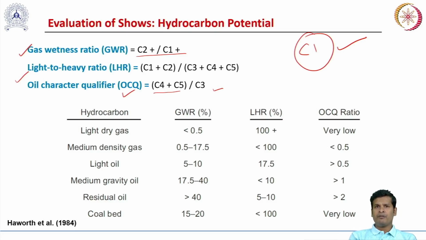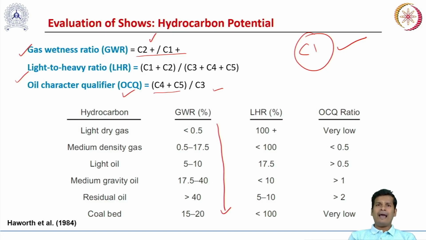For example, if you see the gas wetness ratio, as we go from gas to oil reservoir, the gas wetness ratio is increasing because C2 and C2 plus compound concentration will increase. So obviously the GWR ratio must increase.